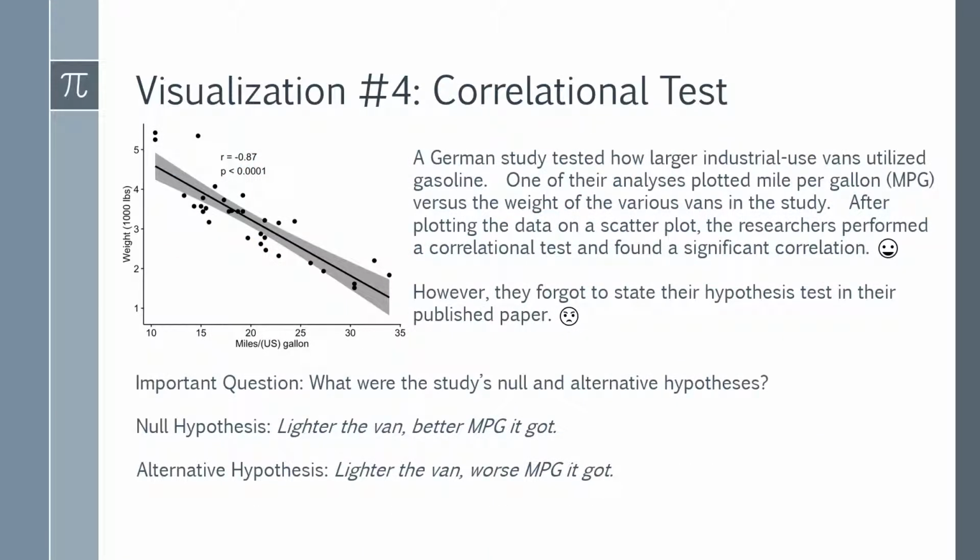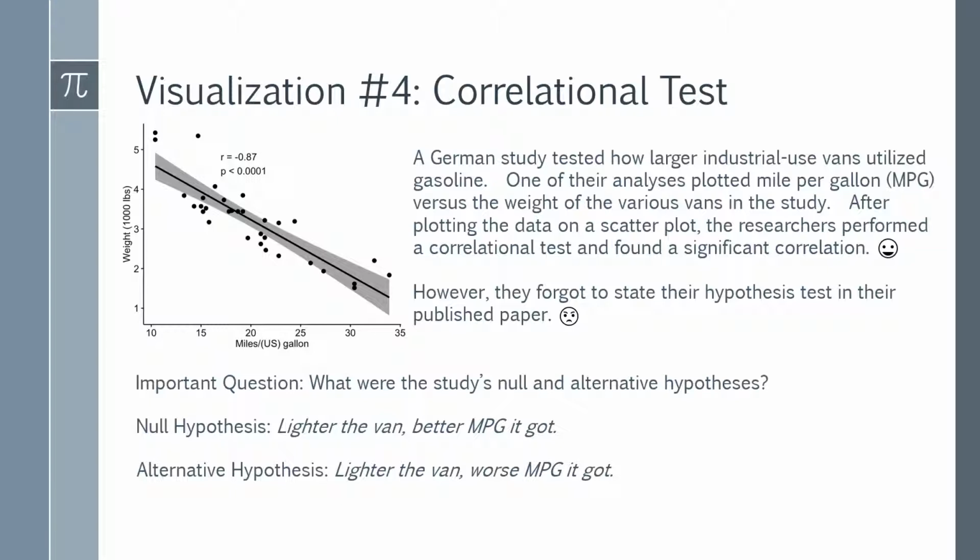Here on this slide, we look at the correlational testing of a study where some Germans tested how their bigger vans utilized gasoline. What they wanted to look at is the weight versus the miles per gallon. Does it correlate with each other? So the first question is, what were the study's null and alternative hypotheses?